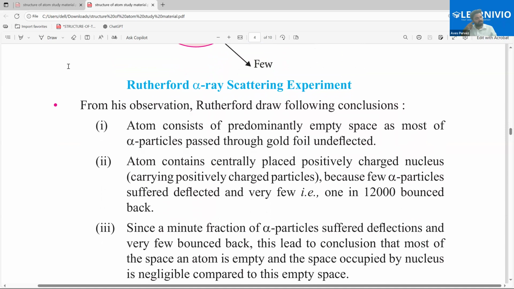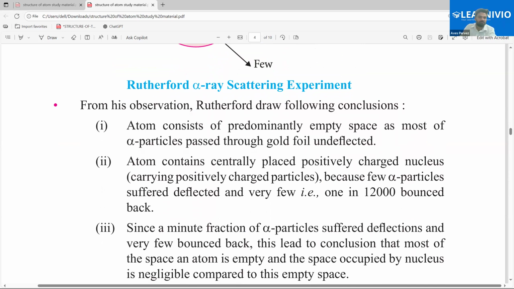So what was the observation of the Rutherford model? Let me check whether we have written this in the notes. What was the observation of the Rutherford model? Just a minute.